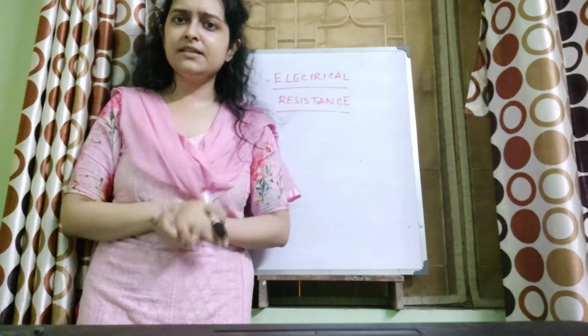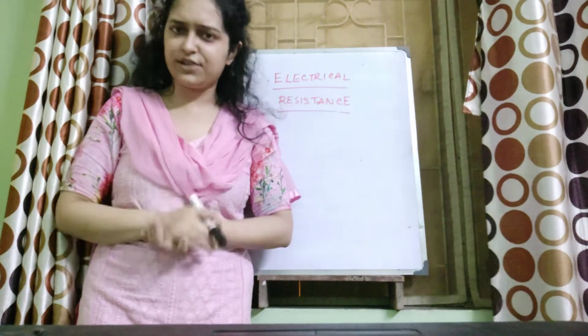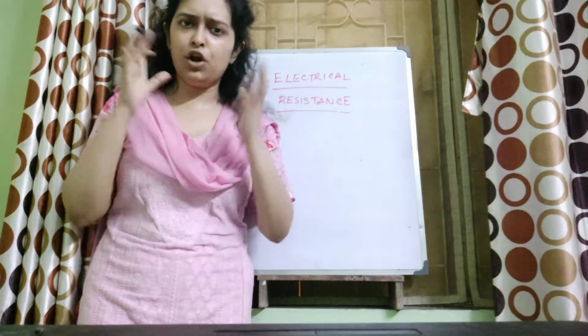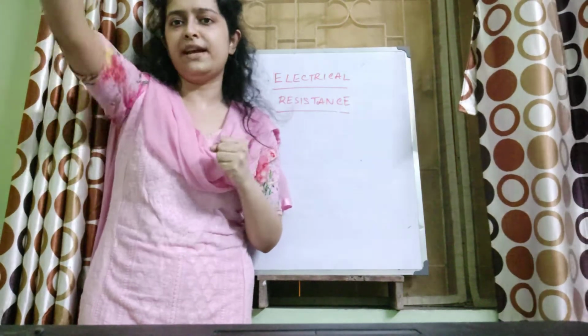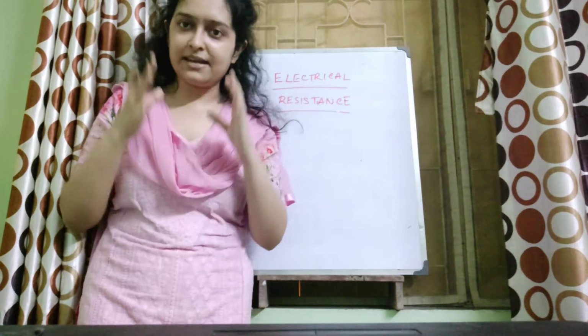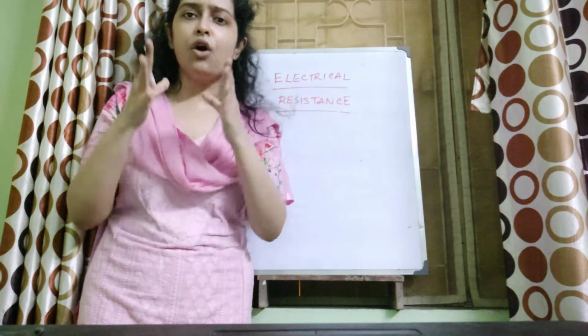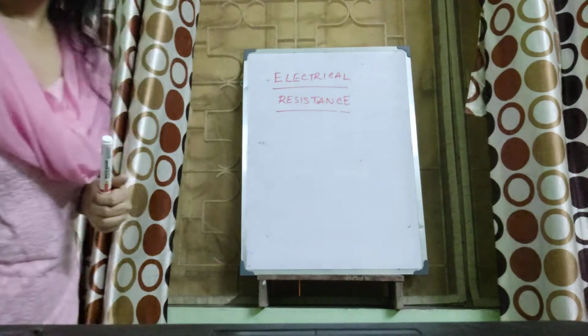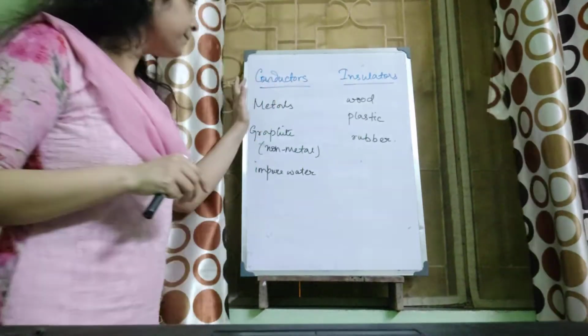There are certain substances which are very mischievous. They offer a lot of electrical resistance. They offer a lot of obstruction to the flow of electric current through them. Those are known as insulators. That means through them, current cannot easily flow. See the examples of conductors.